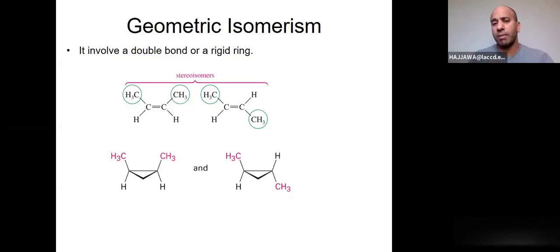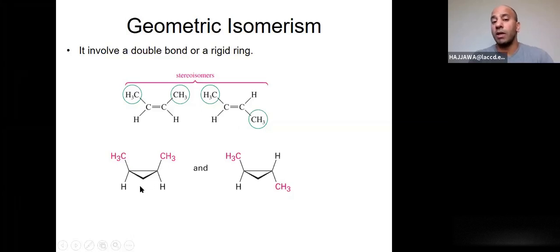And it's important to keep in mind when we look at an alkene that the two groups across each carbon of that double bond should be different. So this methyl is going to be higher in priority than the hydrogen. Same thing here, the methyl is higher in priority than the other hydrogen. So we could see clearly that these two methyl groups are facing the same side, that's why it's a cis. If they are facing opposite sides of each other, that would be a trans.